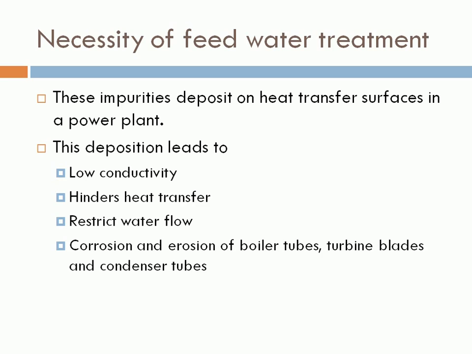This type of impurity will deposit on the surface area of the different water treatment plants, so it can definitely restrict the water flow. Then there is corrosion and erosion of the boiler tubes, turbine blades, and condenser tubes also. Definitely this type of impurity will produce a corrosive effect or erosion in the boiler tubes, in turbines, turbine blades, and condenser tubes, right? So these are the necessities of feed water treatment.